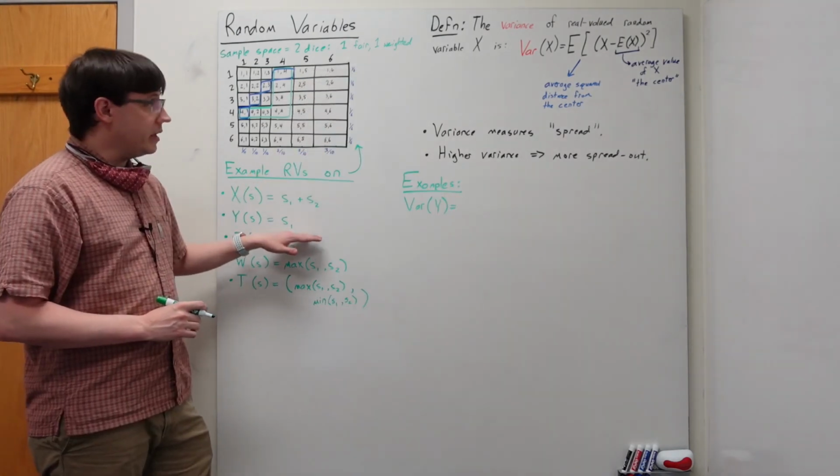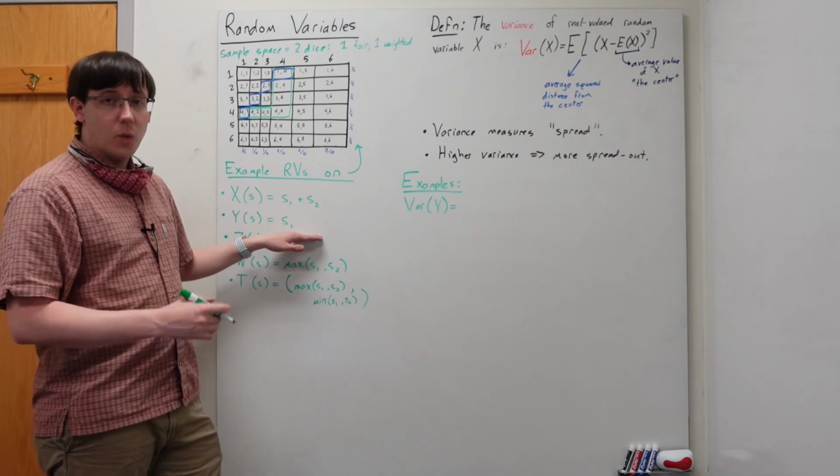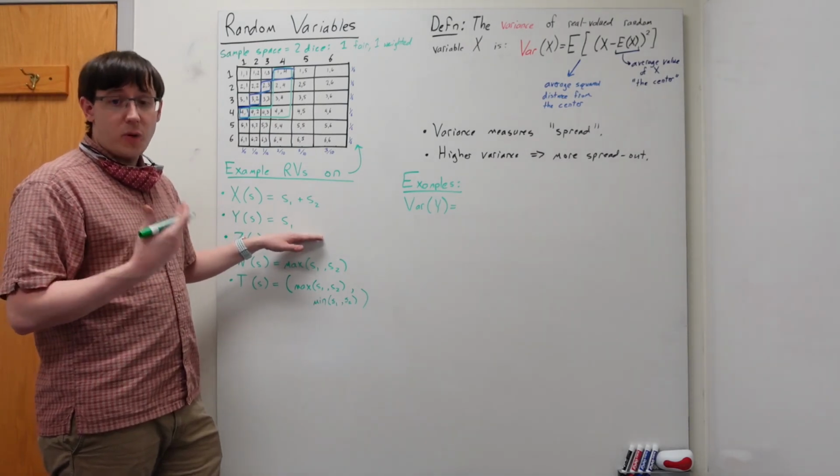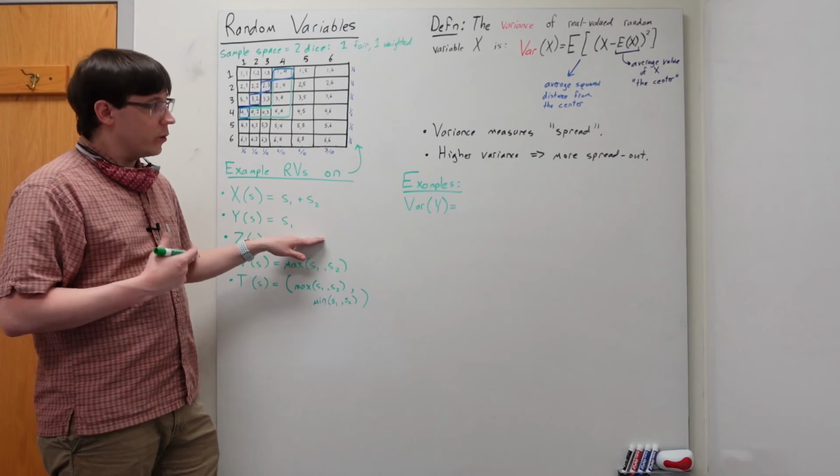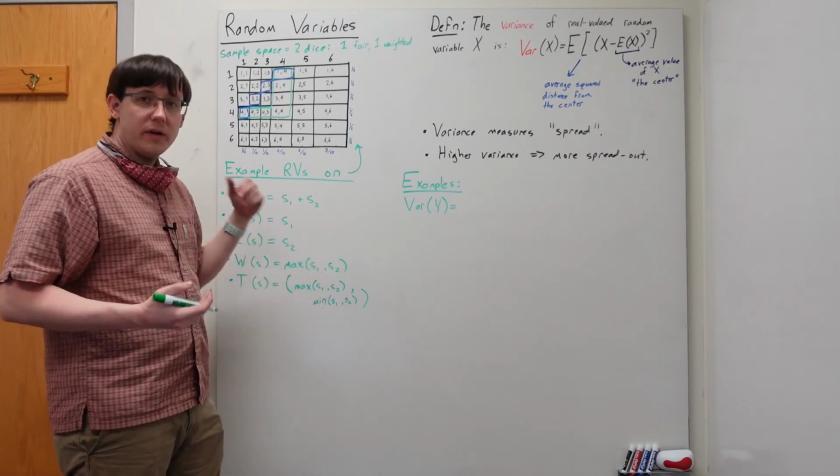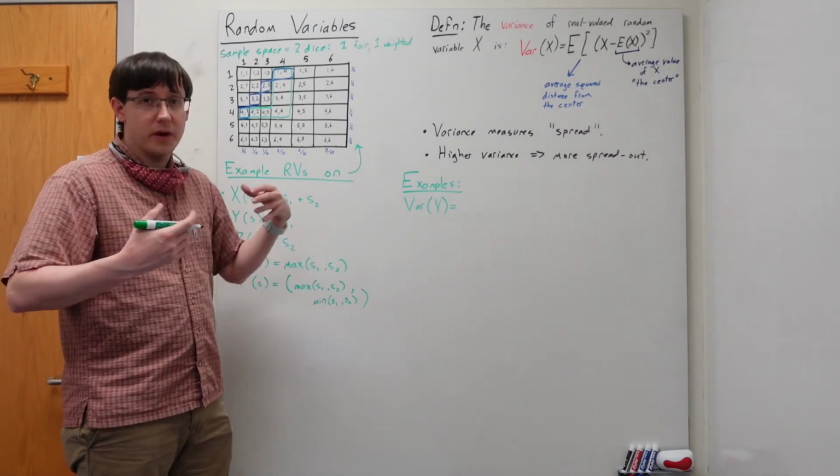We calculated the expectation of y as 3.5, so we're going to be adding up squared differences from 3.5.